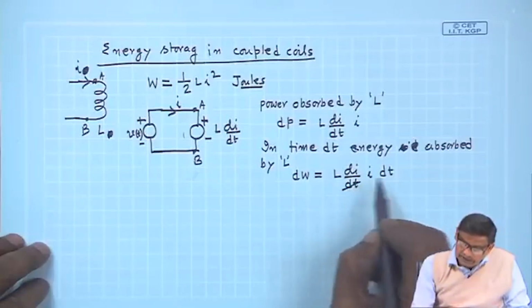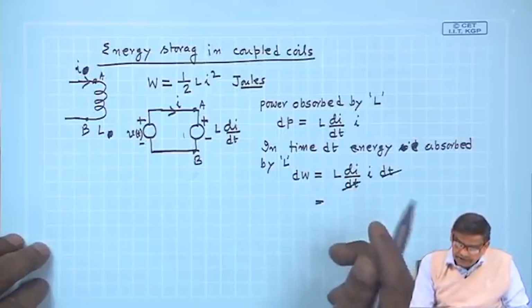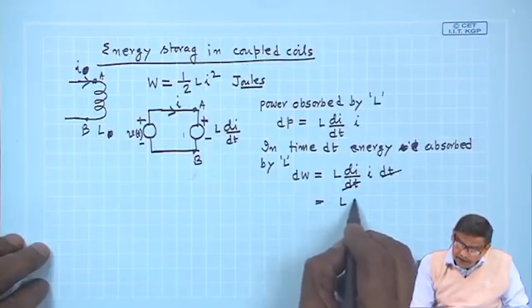This dt you can cancel out, because they are not equal to 0 but very small. So, L I dI.